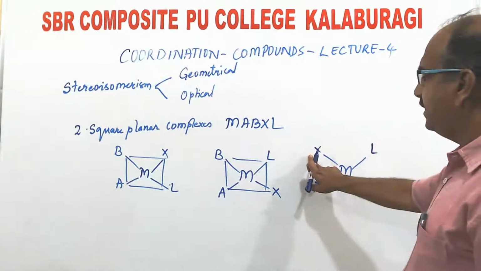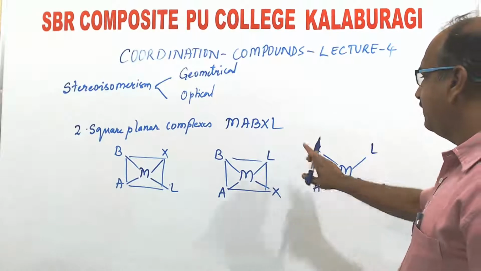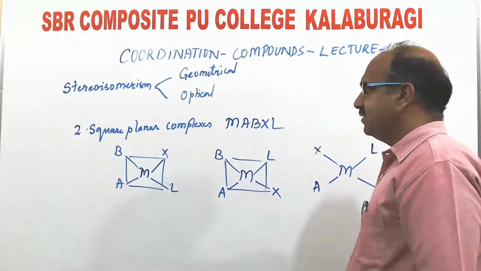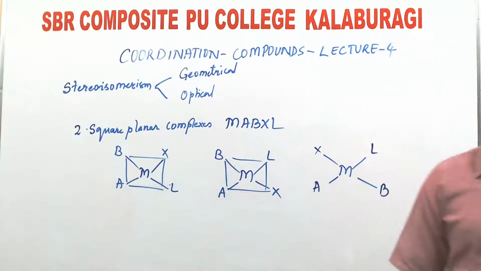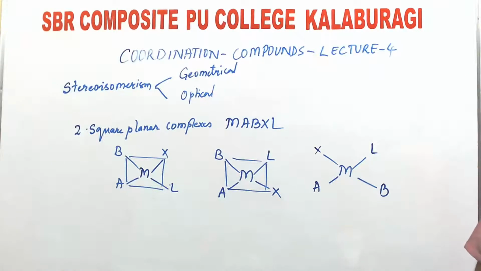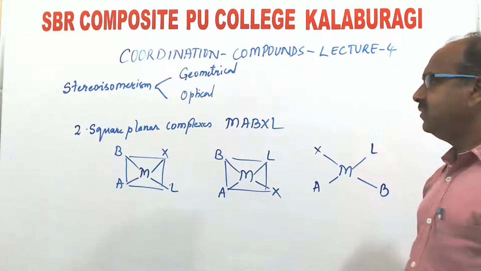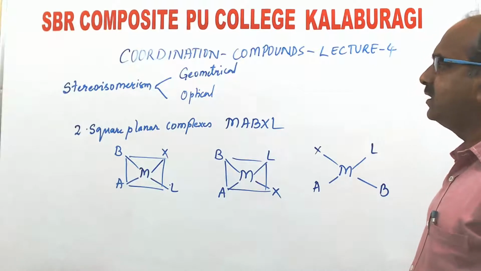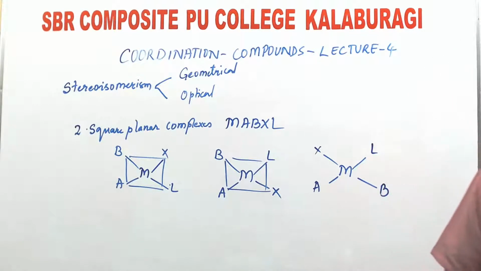If you put L here, it will again be different, but these three are possible, the three isomers which exist for these square planar complexes.